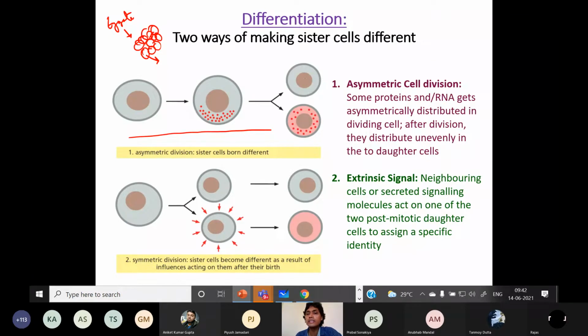Now, apart from the genetic material, there are many proteins and RNA also present in the cytoplasm. So those molecules, like proteins in the cytoplasm, have some preferential distribution.